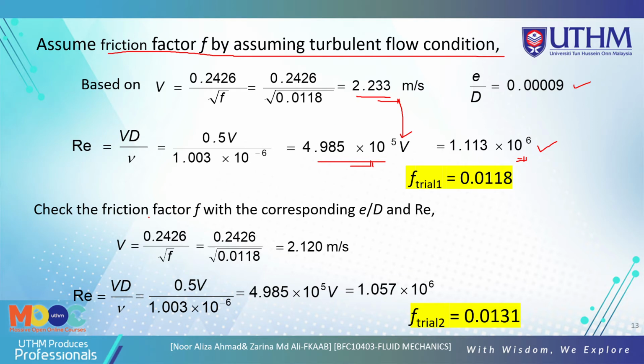So check the friction factor f with the corresponding E over D and Reynolds number. Using the f trial of 0.0118, you put it back again into the V here to get the value.